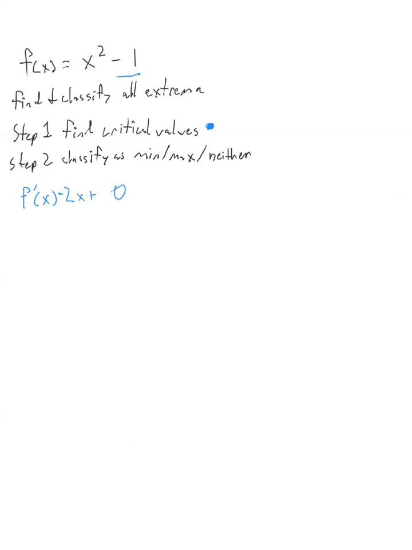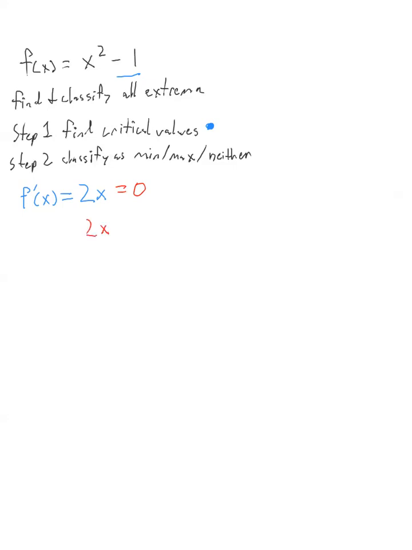So it'd be 2x plus 0, which I'll just write as 2x. So the derivative is 2x. Well, let's set this equal to 0 to try and find critical values.